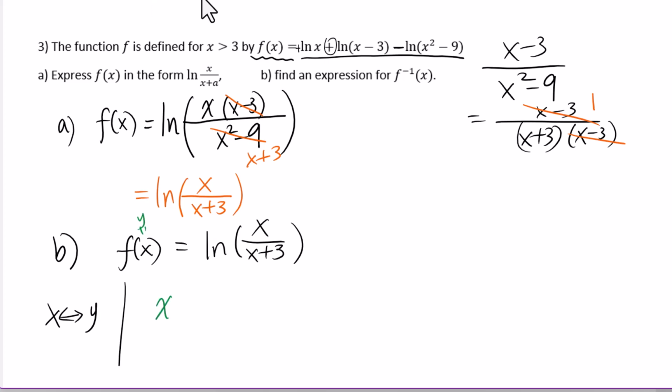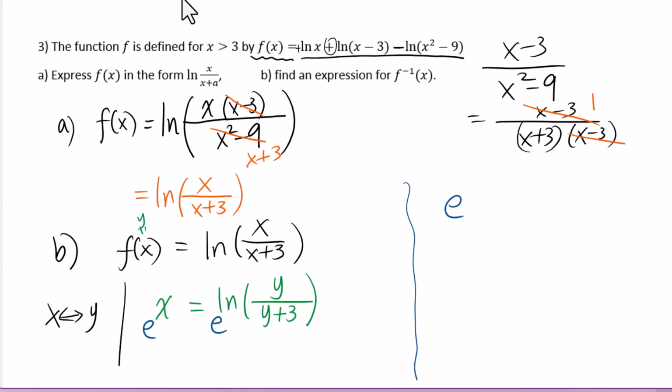So we get x equals natural log of y over y plus 3. Then we solve for y. Add base e both sides. E to the x power equals y over y plus 3.